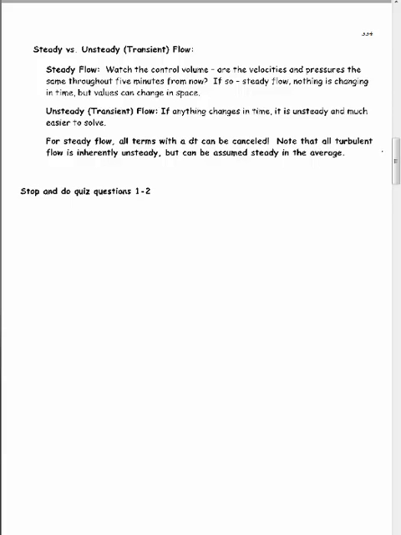And steady state versus unsteady, the steady is going to be easier to solve. Remember, for steady flow, all terms with a d/dt, or with a dt anywhere, can be canceled. All turbulent flow is unsteady, but we can sometimes solve it as steady on the average. All right, so stop here and do quiz questions 1 to 2.